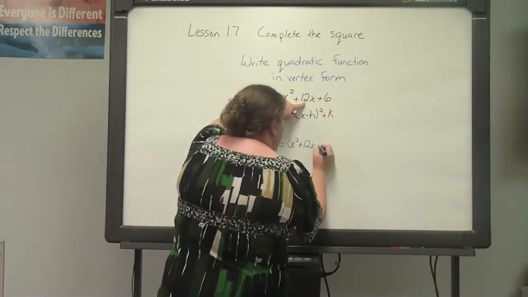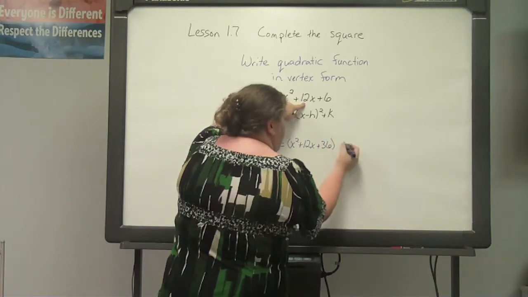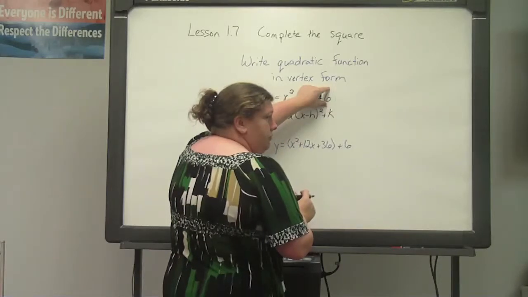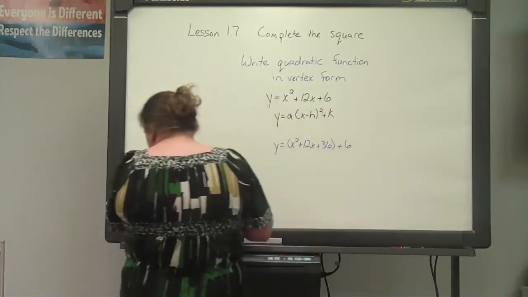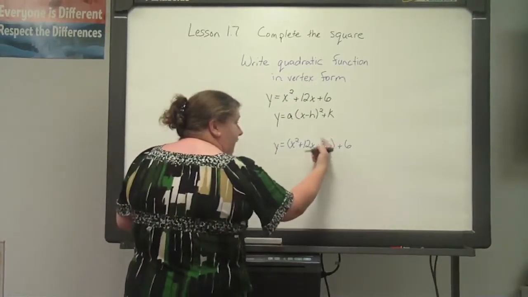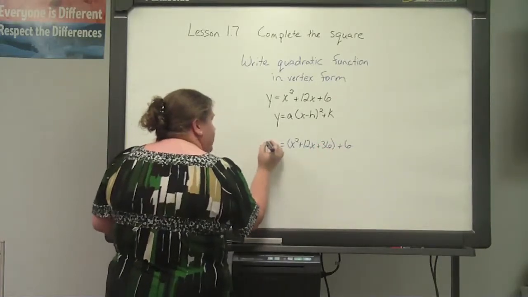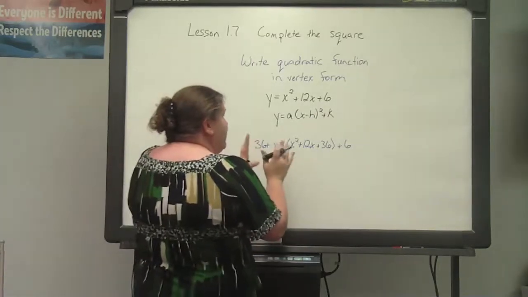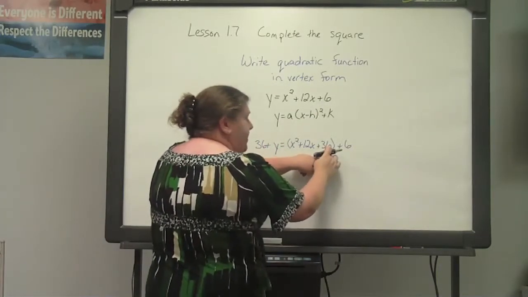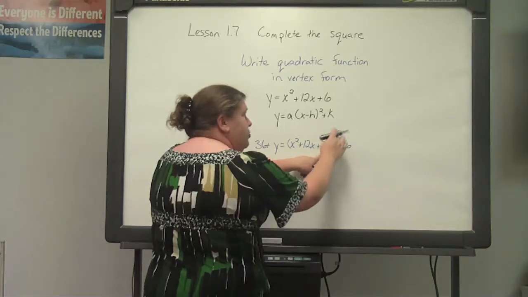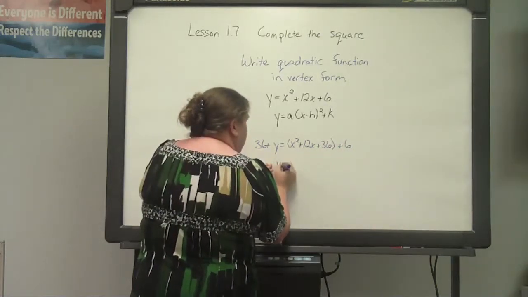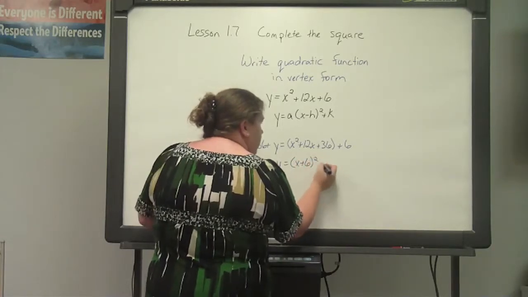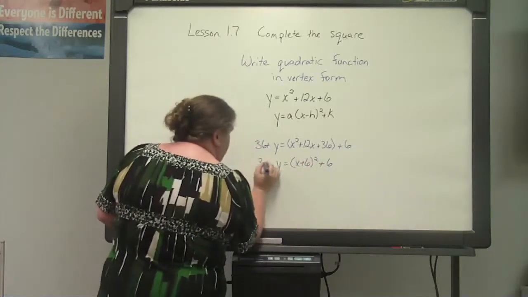So that gives me plus 36, and then I have plus 6 because I still have my constant outside. And what I did over here is I added 36, so I have to add 36 over here. All right, so the next thing I want to do is, what did I find this to be? I found it to be 6 squared. And so I can rewrite it as x plus 6 squared plus 6, and I still have my 36 over here.